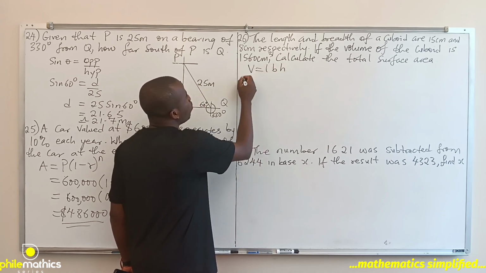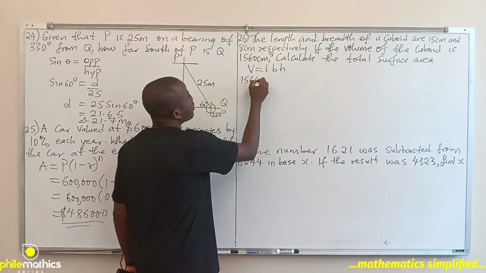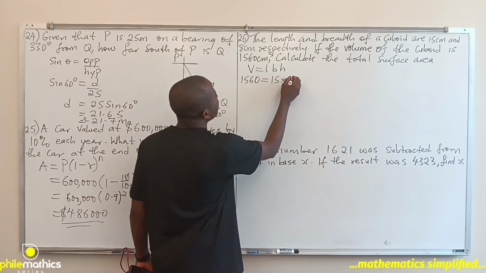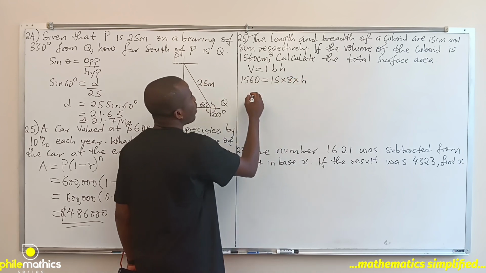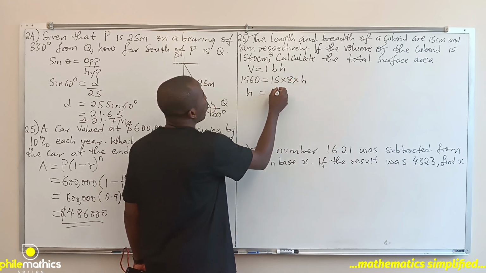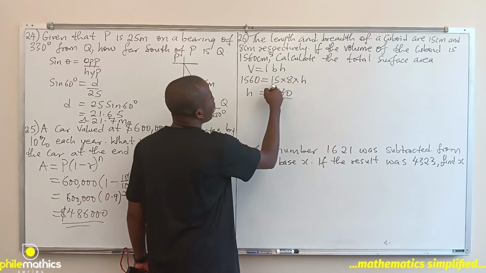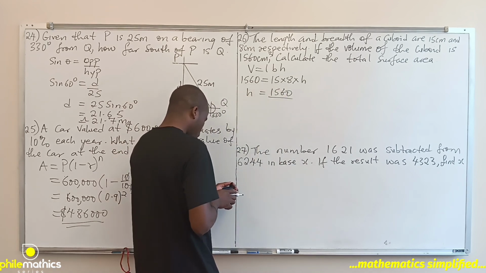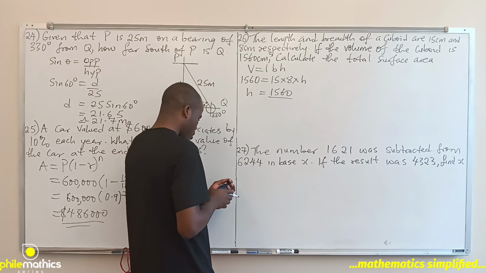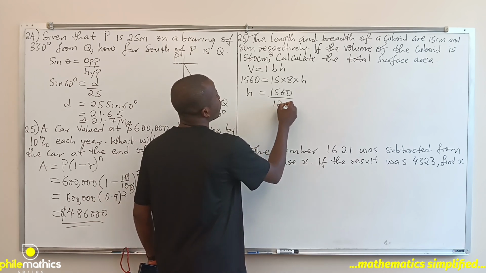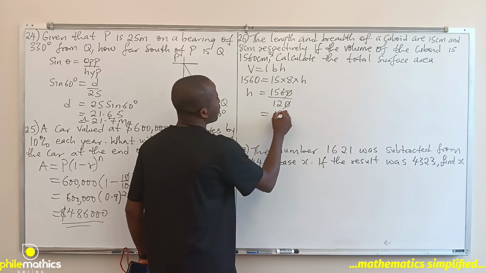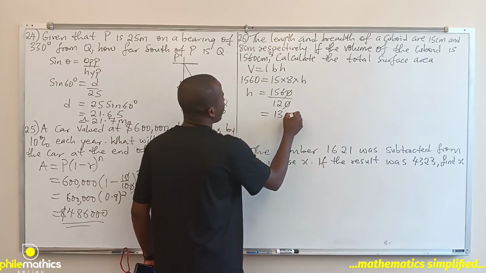We are given the volume as 1560, the length as 15, and the breadth as 8. So we can find h from here. So h will be 1560 over 15 times 8, which is 120. So if we divide, we'll have h as 13 cm.